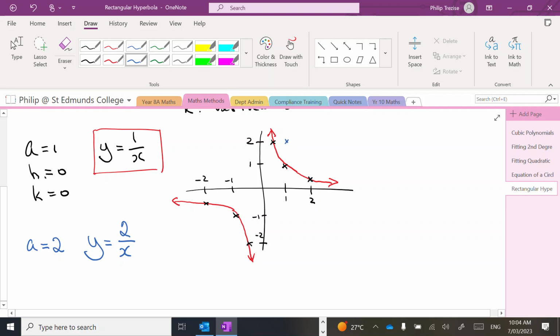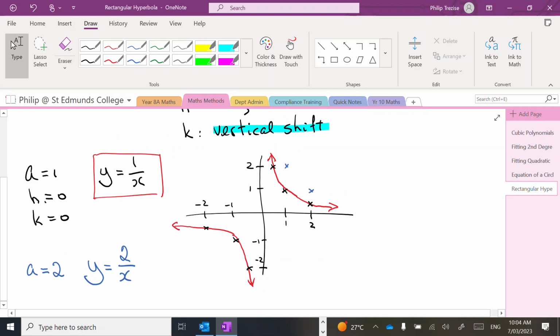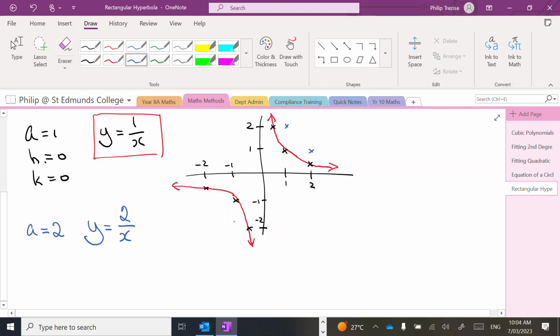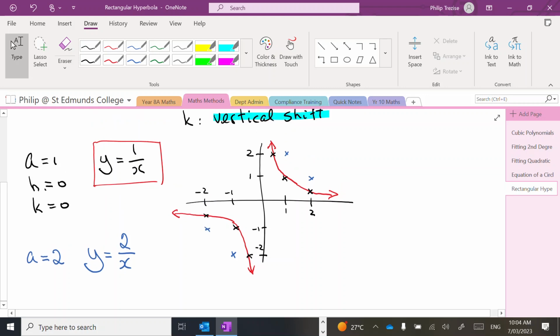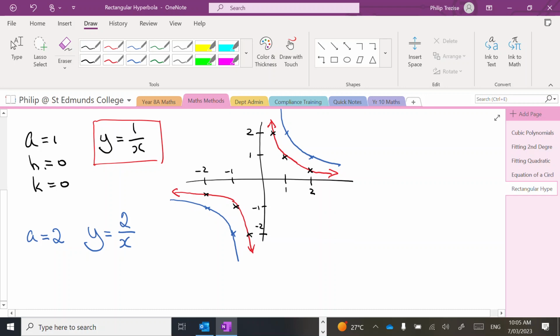Instead of this one with a y-coordinate of a half, I'd end up with 2 times a half, or 1. If I was to go to this one, I'd have to go all the way up to 4 somewhere. This one would go to negative 2. This one would go to negative 1. This graph would be like that. It's literally a vertical stretch. So remember, a is the vertical dilation factor. That's the blue graph.